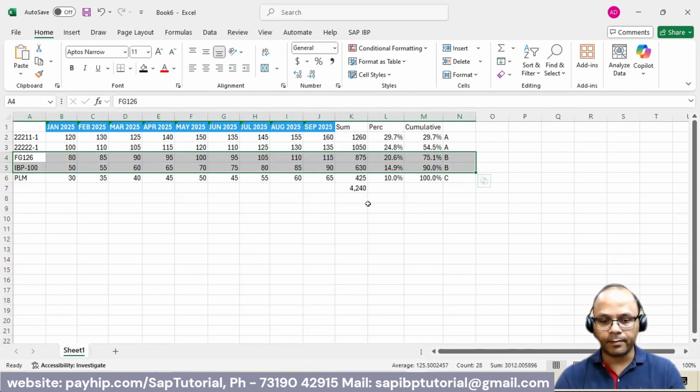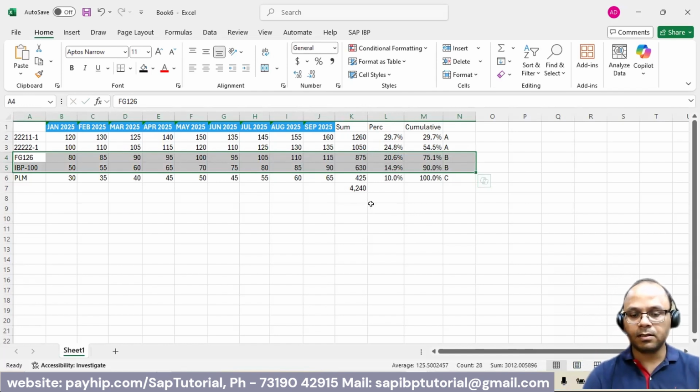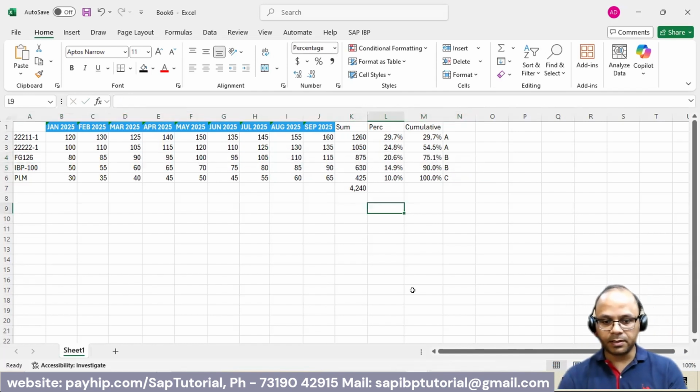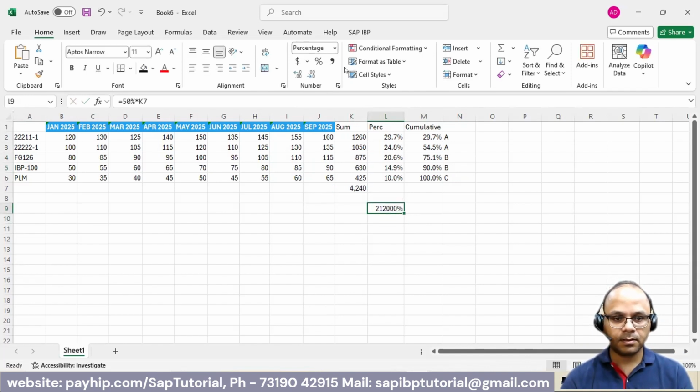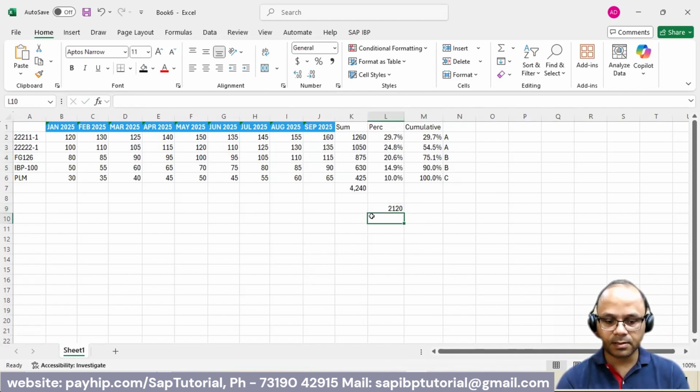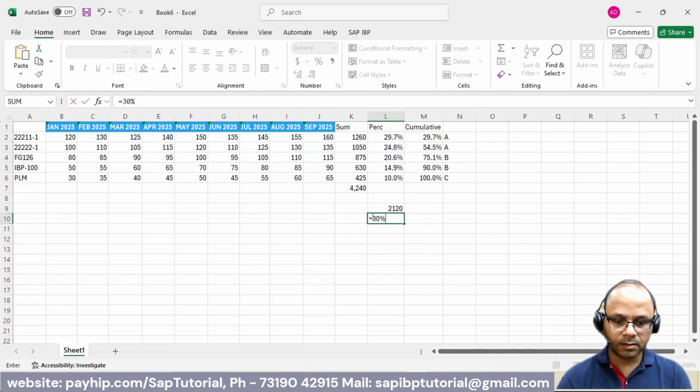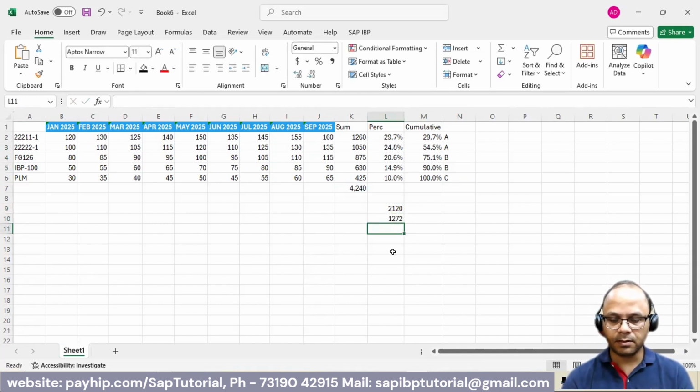So we'll see why. Our threshold is 50%. So I will say this is the total volume, right? So 50% of the total volume is 2120. And then 30% is my next threshold. So 30% of the total volume is this.